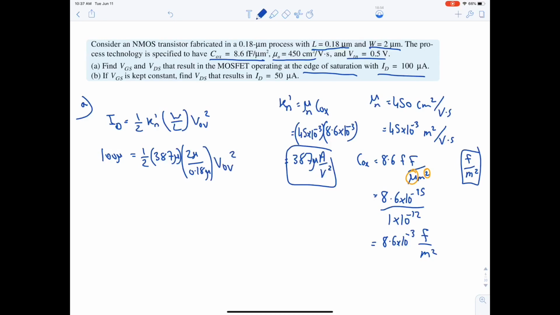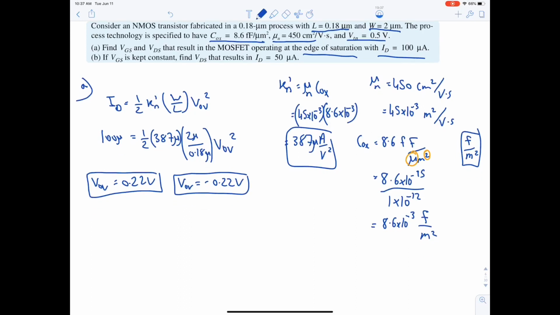VOV is unknown. This will give us VOV equal to 0.22 volt and minus 0.22 volt. Okay, which number should we pick? Because we are in NMOS, we have to pick the positive and neglect the negative.